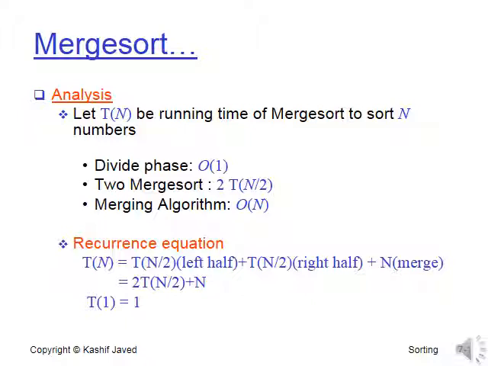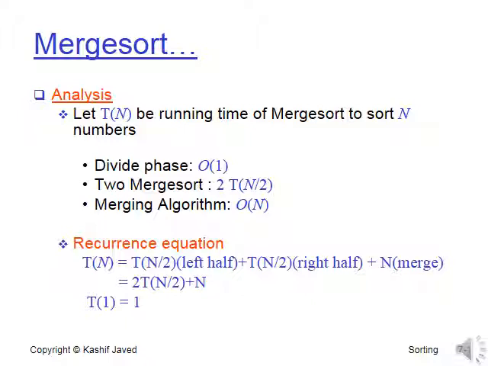For the recurrence equation, the total running time T(n) equals T(n/2), which is the left half, plus T(n/2), which is the right half, plus n, which is the merge operation. So which equals 2 times T(n/2) plus n.